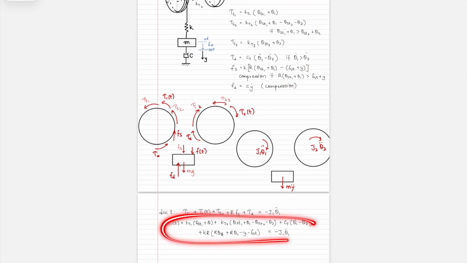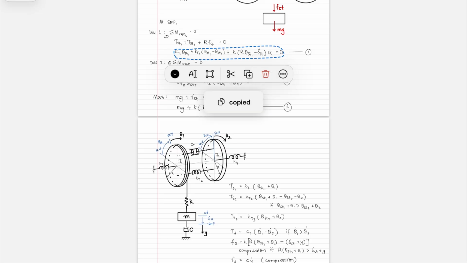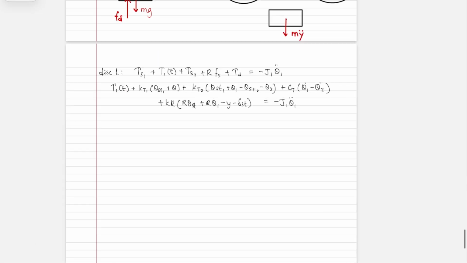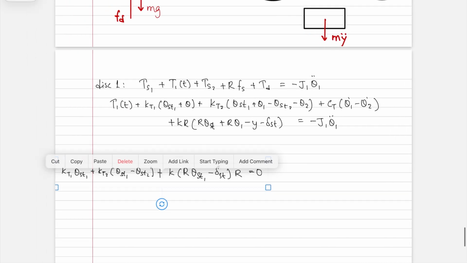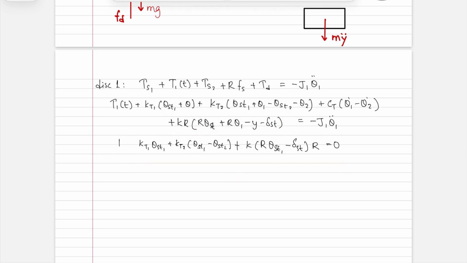Now, what you do is you notice that you have a relation here that is equal to 0. So I'm going to just copy that there, and let's see what happens. So this was the relation that we had found.